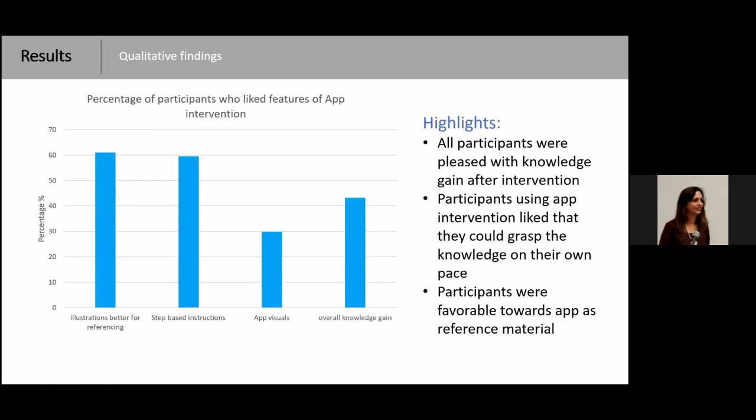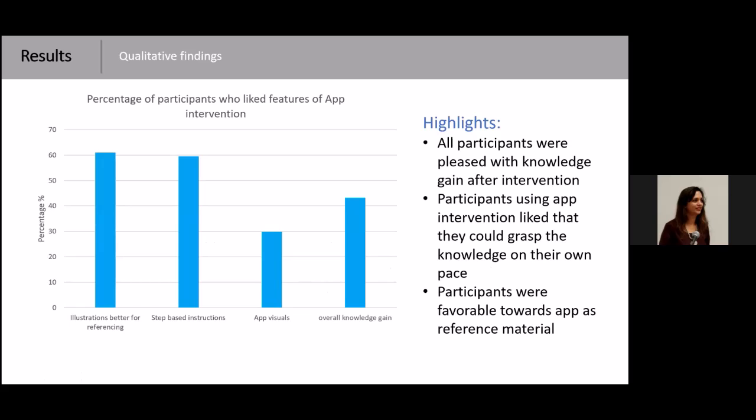When I asked the qualitative questions to the participants of the app intervention, many of them liked the way the illustrations were telling them how to do something. They liked it as a reference.